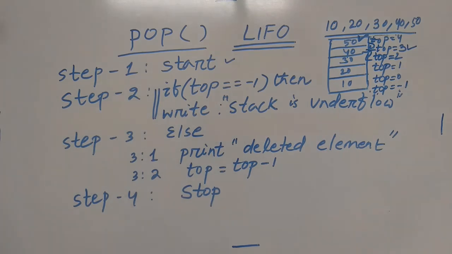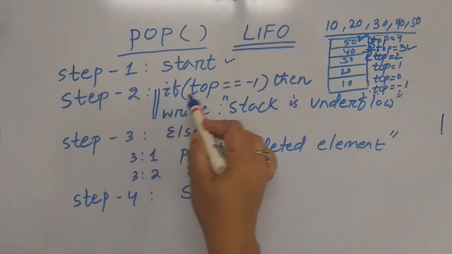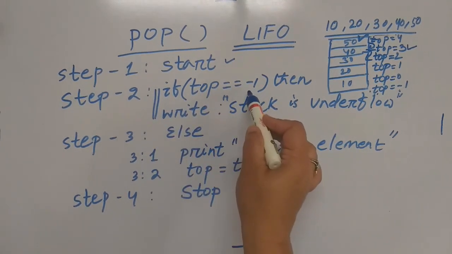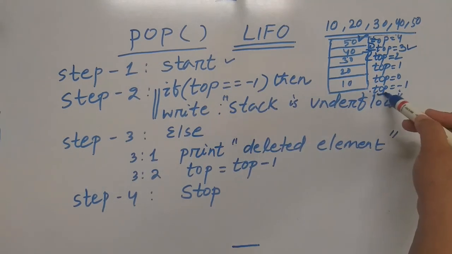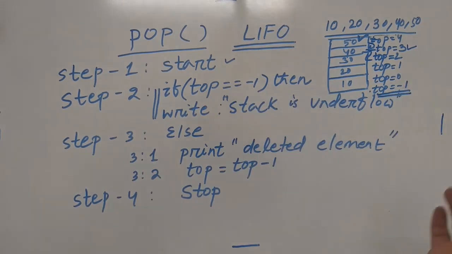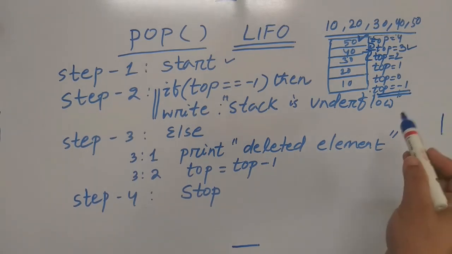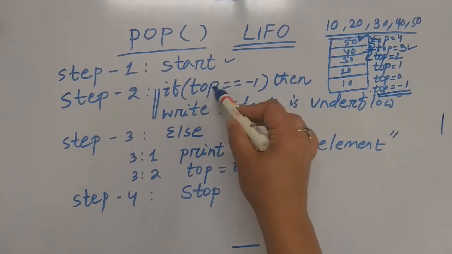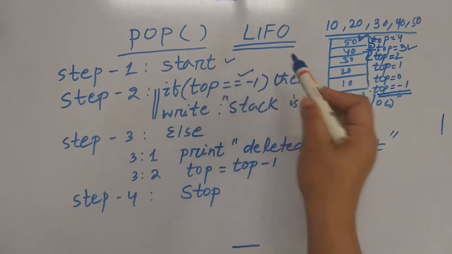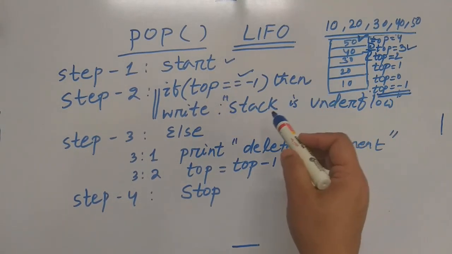Whenever the top equals minus 1, we check whether this is the underflow condition or not, because in each and every case we check whether top equals minus 1. Here the top is equal to minus 1, so we check if the top value is equal to minus 1, yes, this condition is satisfied.